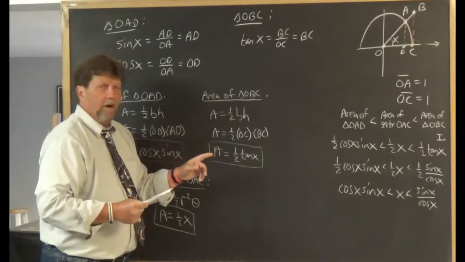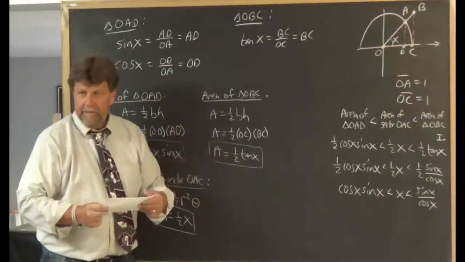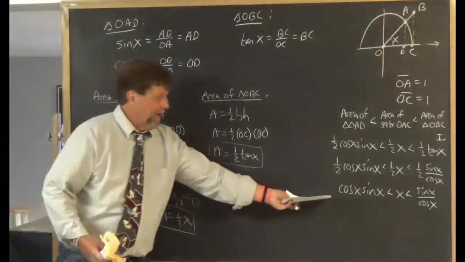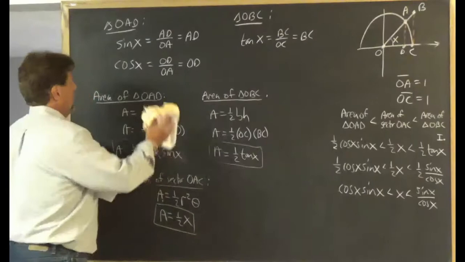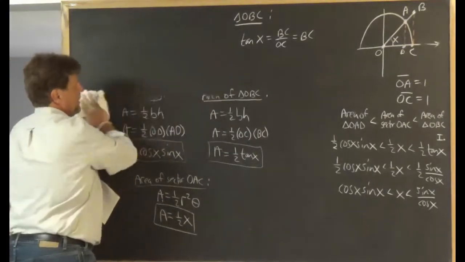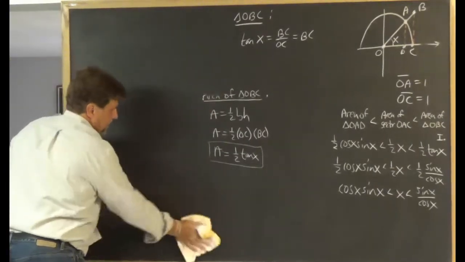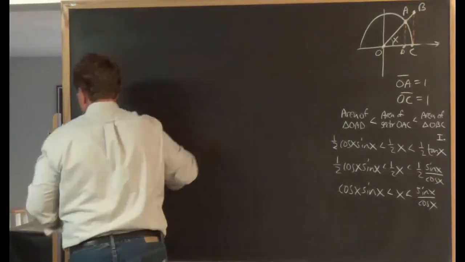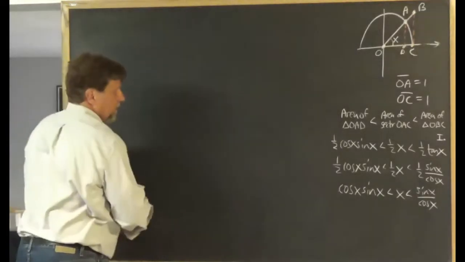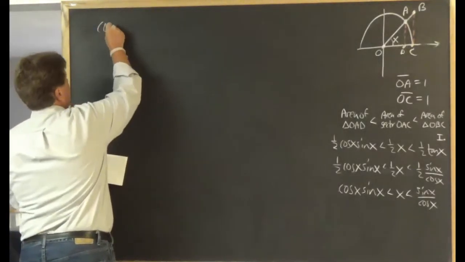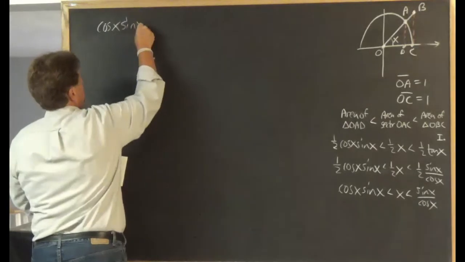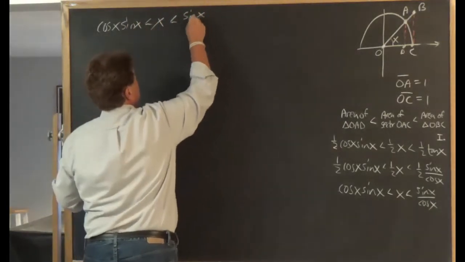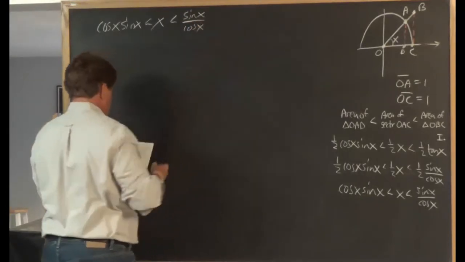I'm running out of room, so I'm going to do a little erasing and pull this compound inequality up here, hopefully with you having it written down in an organized manner. Cosine x sine x less than x less than sine x over cosine x.